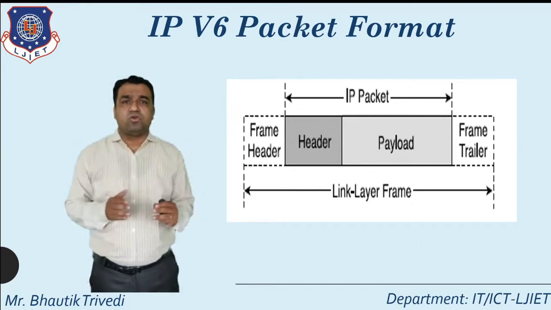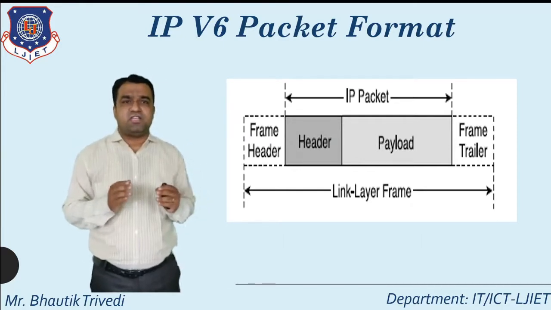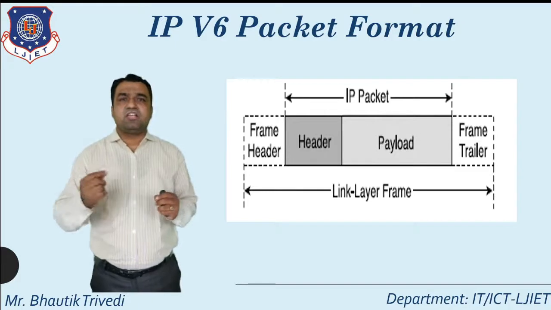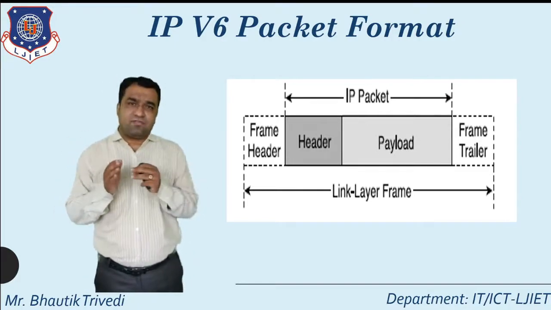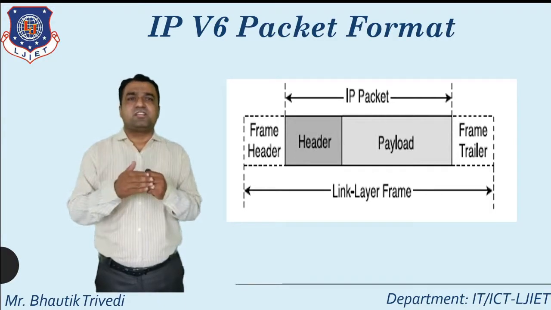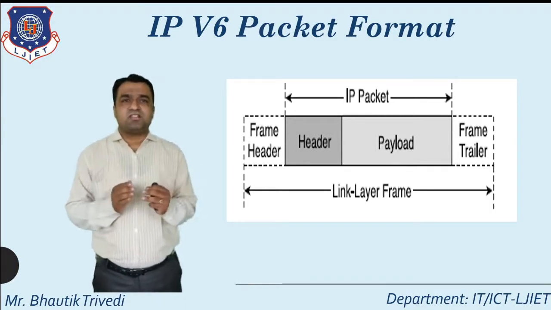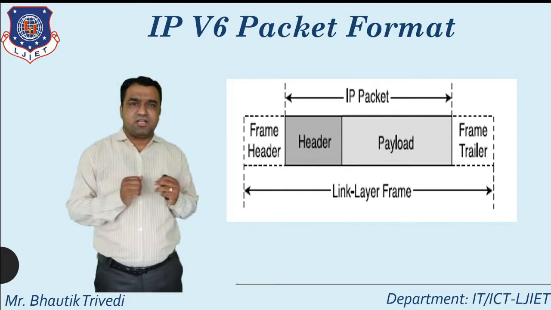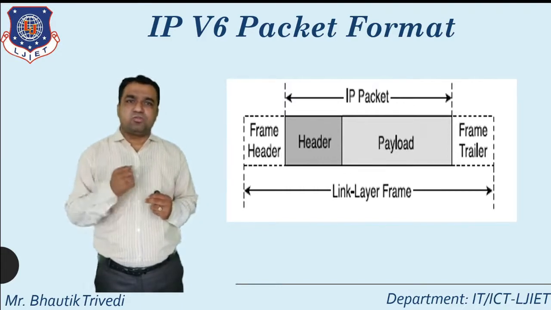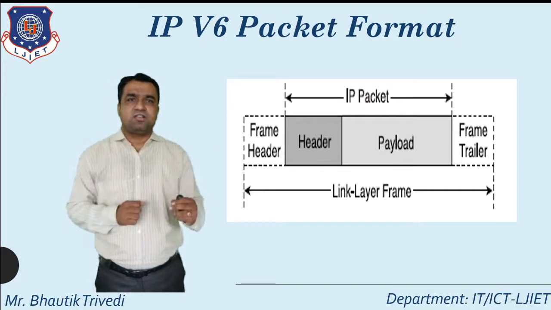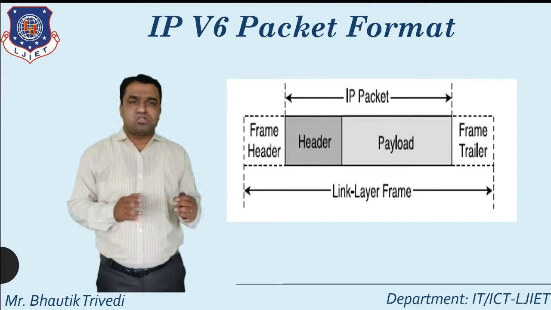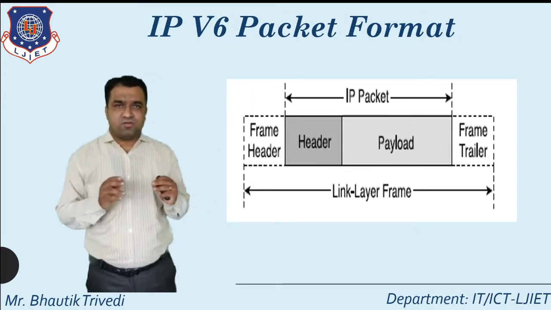All of you know each and every frame contains one header part and one trailer part, and after that comes what is known as a packet. That can be considered an IP packet. The IP packet is divided into 2 parts. One is known as the header, the second is known as the payload.